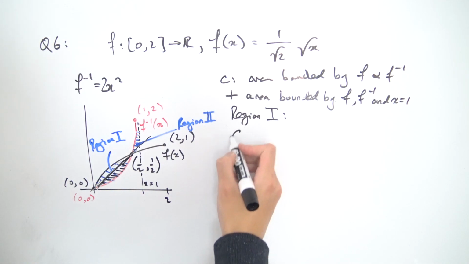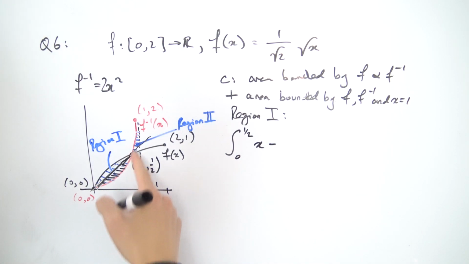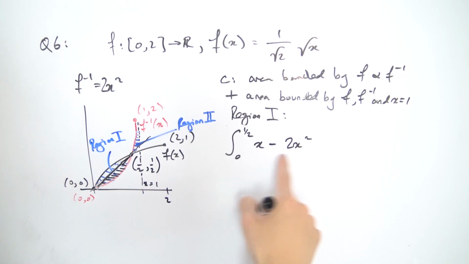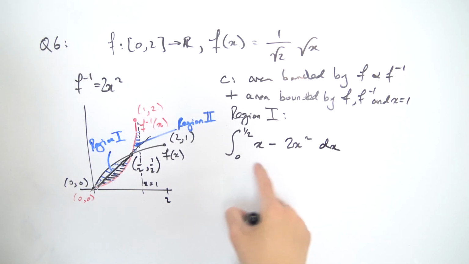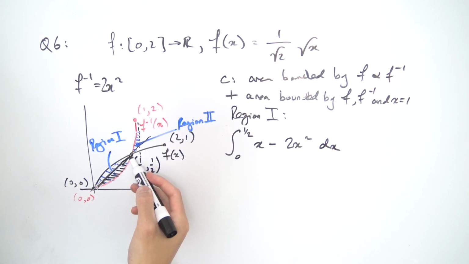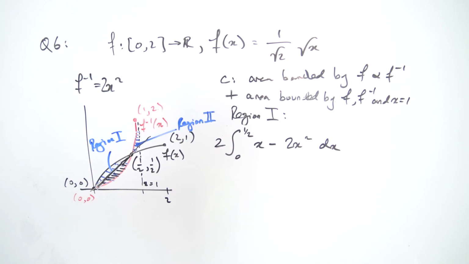And that turns out to be the integral from 0 to 1/2 of x minus the bottom function, which is 2x squared. And notice the functions right here are really quite nice. So this integral gives you the area of this bottom region, but we also have to multiply it by 2 to get the full area. So 2 times this integral.